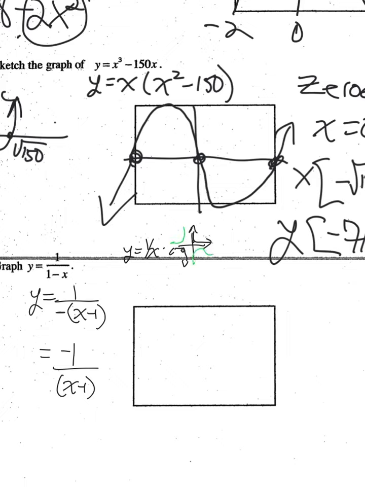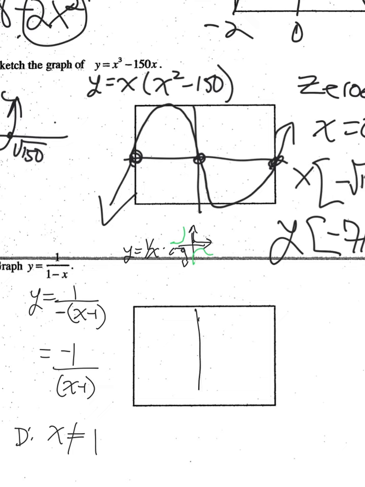And that -1 is going to shift the whole thing 1 to the right. So my domain for this function is all reals except x can't equal 1. That's the domain for this function, so I for sure want to see that in it.